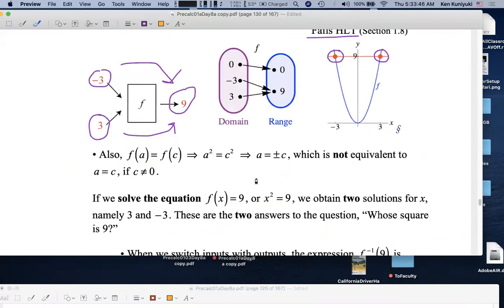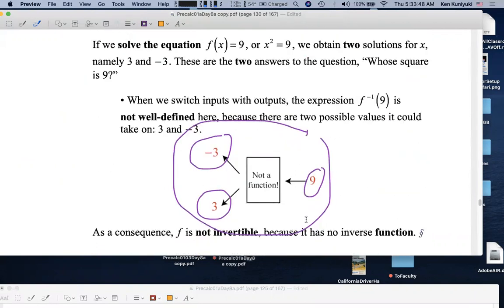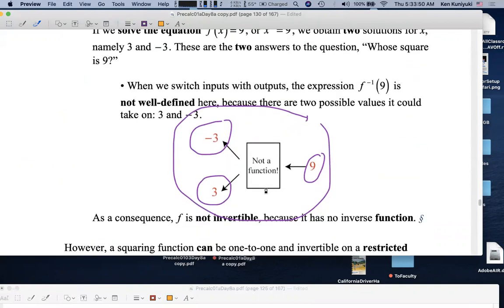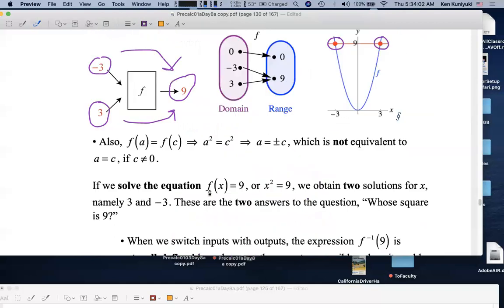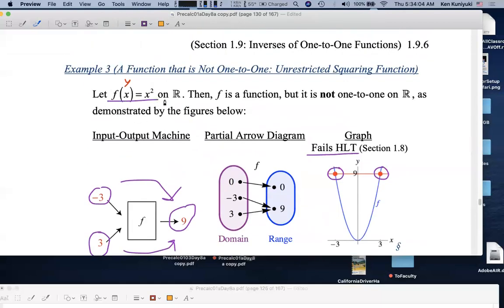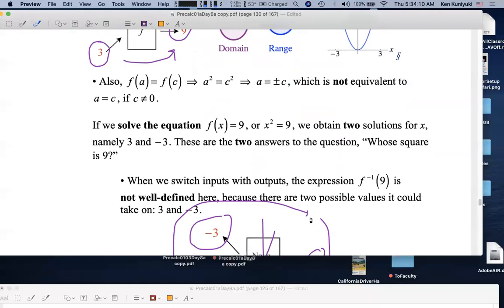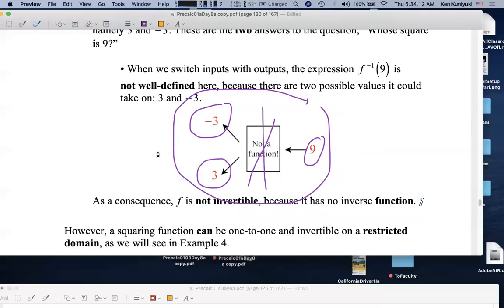So if we try to invert this function, we cannot get an inverse function, because no function will allow one input to yield two or more different outputs. So that's the problem. As it stands, the squaring function on the reals does not have an inverse function. You cannot reverse these arrows so that we get an inverse function.